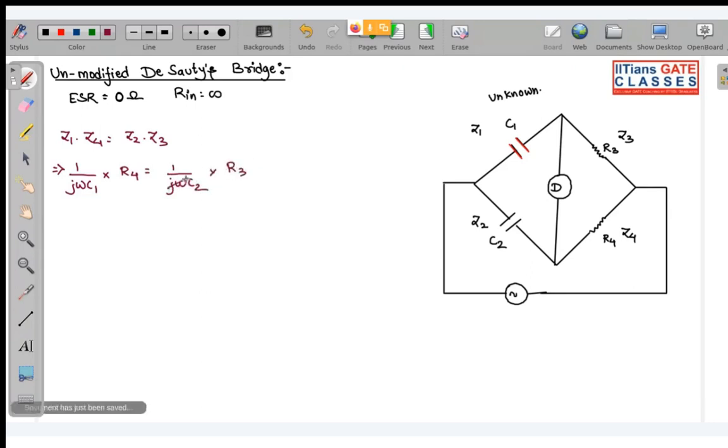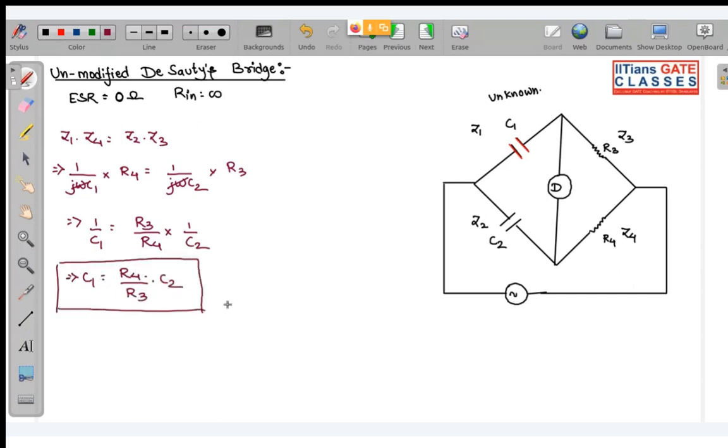J omega cancels. So 1 by C1 is equal to R3 by R4 into 1 by C2, or C1 is equal to R4 by R3 into C2. So this is the expression that we get.